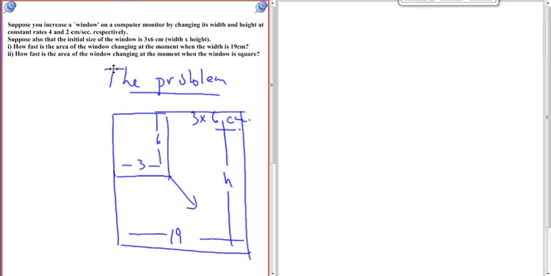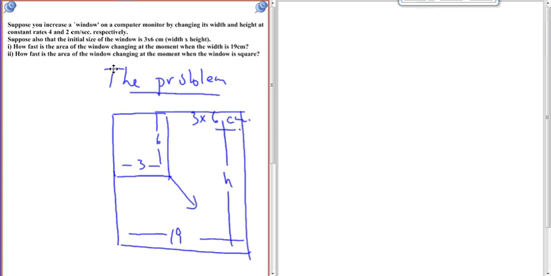Maybe this area is not changing at a constant rate. We'll find out that it is not, that in fact, as it gets bigger, the rate at which the area changes is also increasing. So that's the first question: what is the rate of change of the area of the window at the moment when the width is 19?